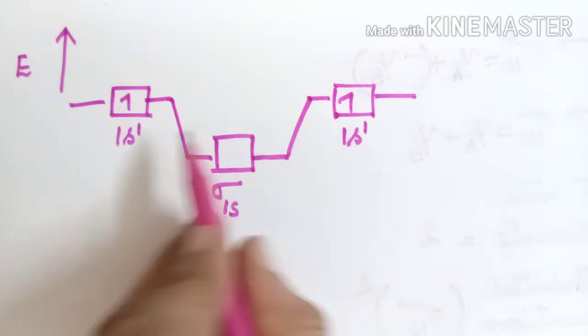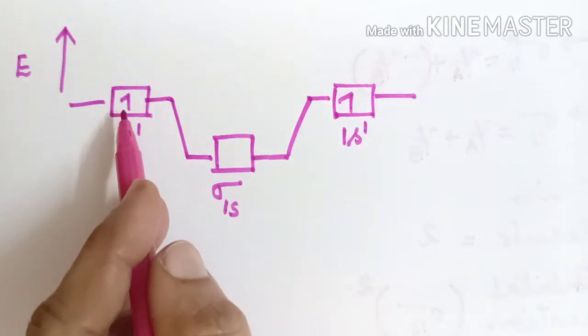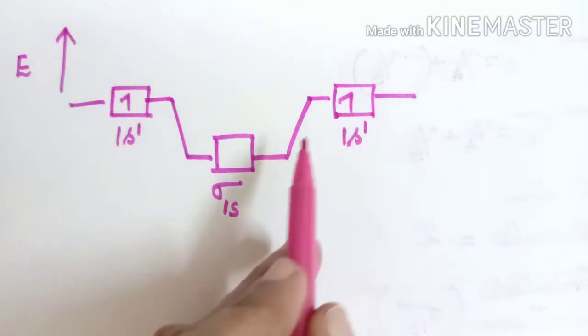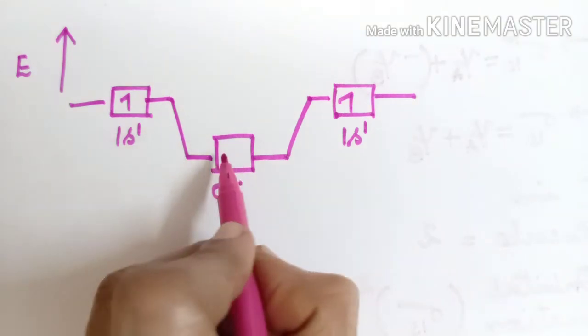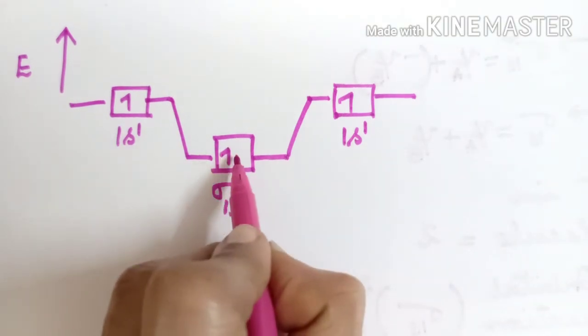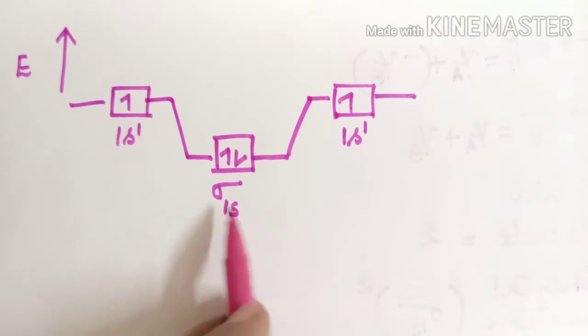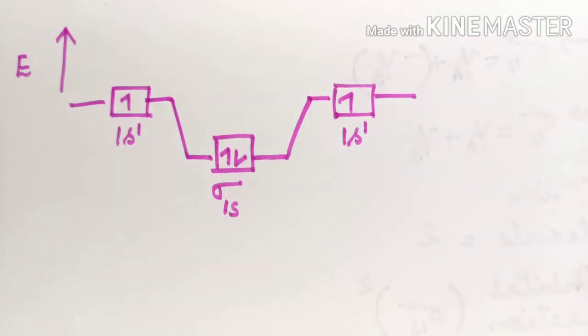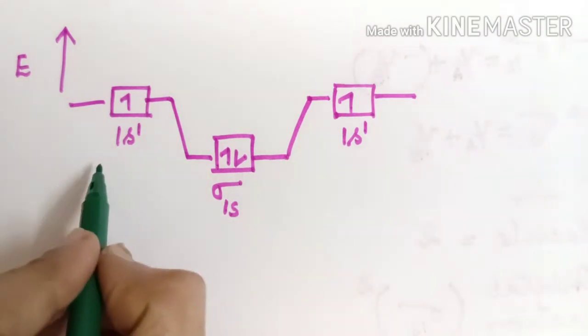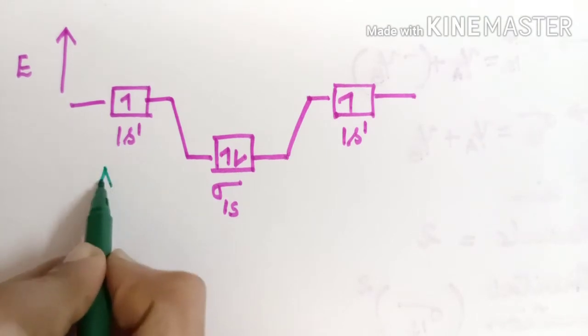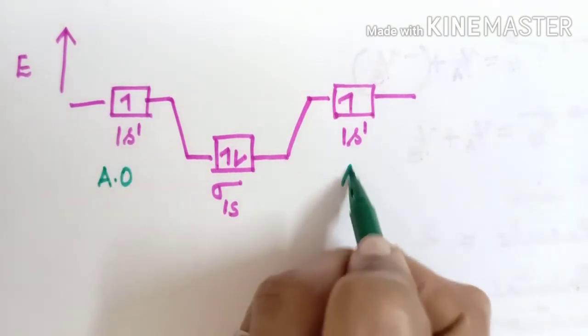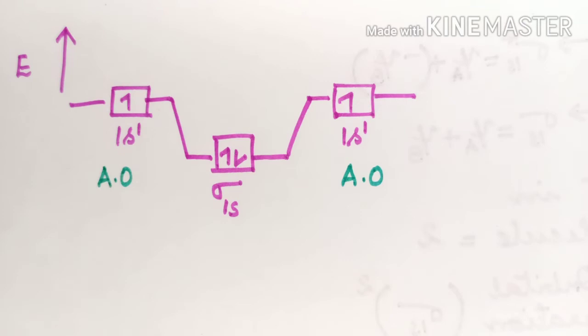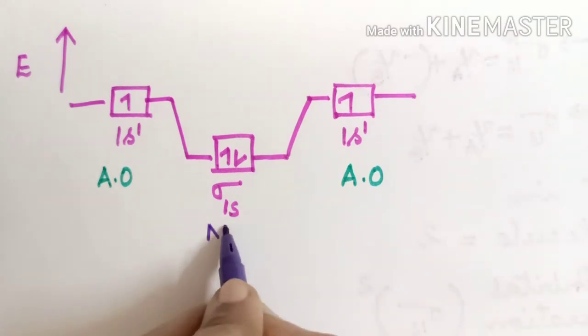And how many electrons are there? 1 electron comes from this side and 1 electron comes from the other atom, and we have sigma 1s 2. So this is the molecular orbital. So the one which is represented at the side, that is the atomic orbitals, and the one which is represented in the middle, that is known as the molecular orbital.